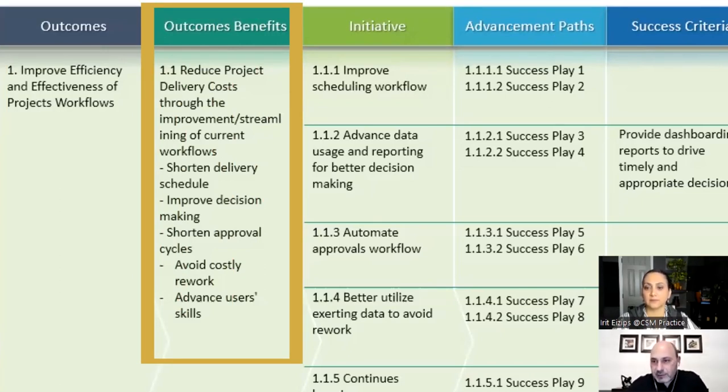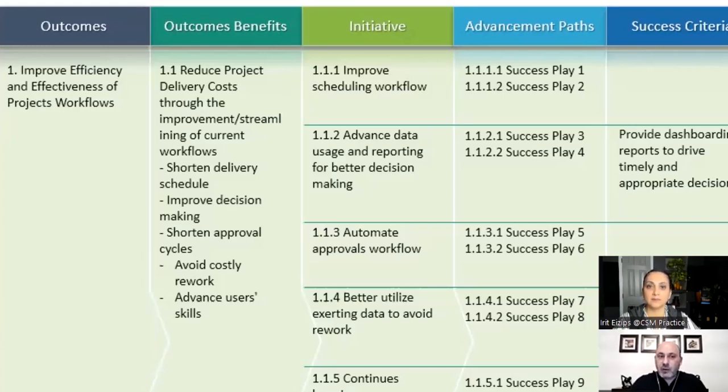How can we deliver this? We need to shorten the delivery schedule, improve decision making, shorten approval cycle, avoid costly rework, advance user skill. So it can be different things that the benefit they are looking for. The outcome is improve efficiency, but efficiency can be a lot of things. So here is where the benefit comes in.